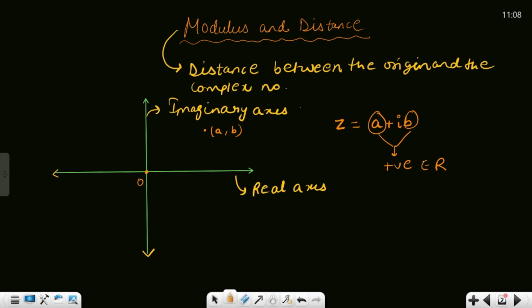So if I want the modulus of z, we will represent it as modulus of z. It will give me the magnitude, or length, or distance between the origin and the plotted complex number.